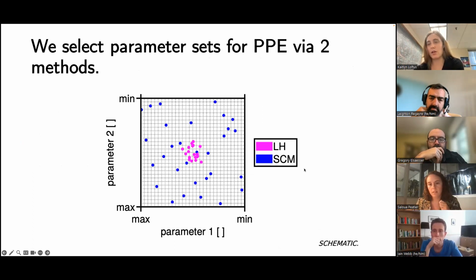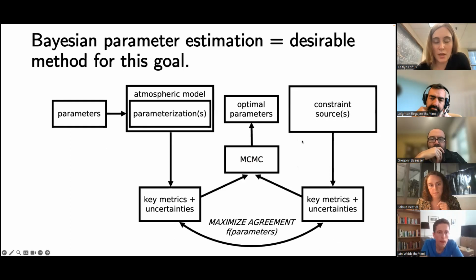And the single column model constraint is, if I go back to this initial picture, basically using, as the atmospheric model, a single column model with the same parameterization setup, focusing on the microphysics. And as a constraint, we're using that same single column model with just a more complicated microphysics scheme.